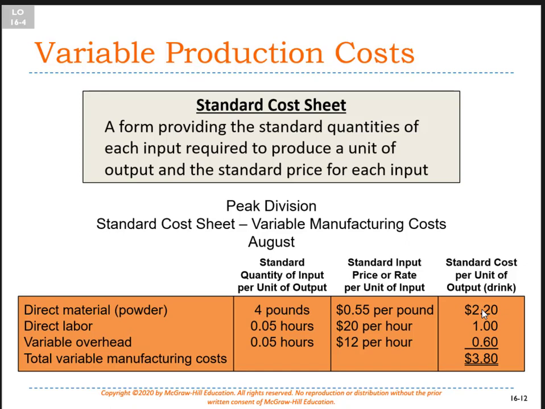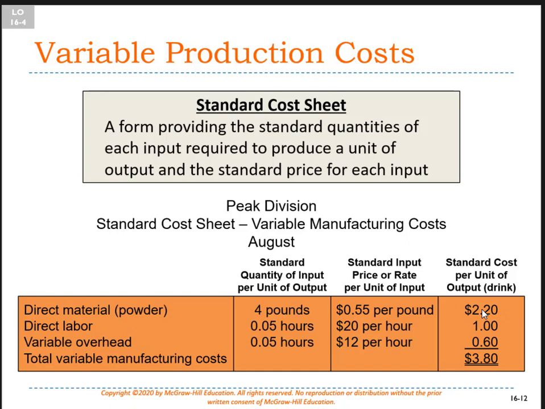Variable overhead, if it's based on hours, then you would use that. Okay, and then we have a rate that we standardize. That's the supervision, utilities, all those variable overhead costs that are in addition to paying our people that actually work on the product.